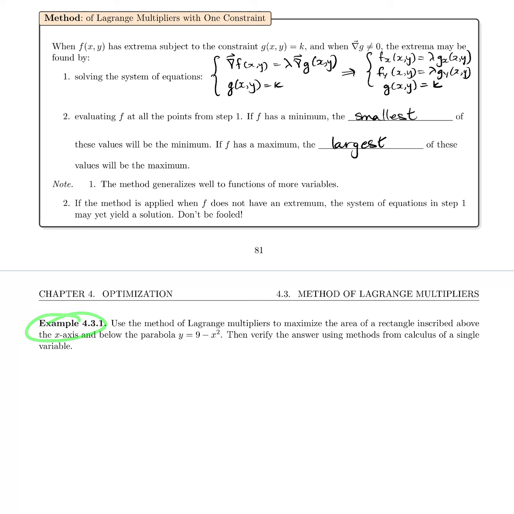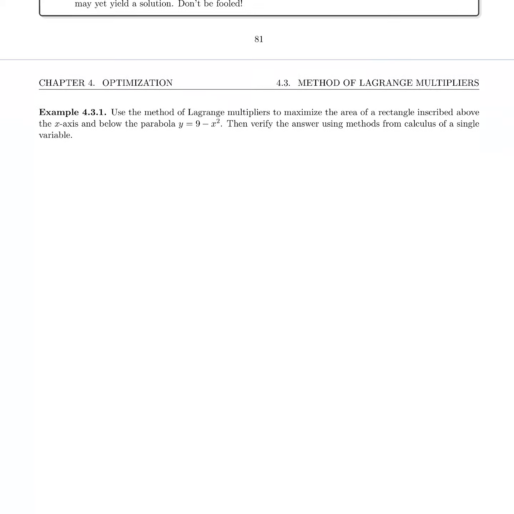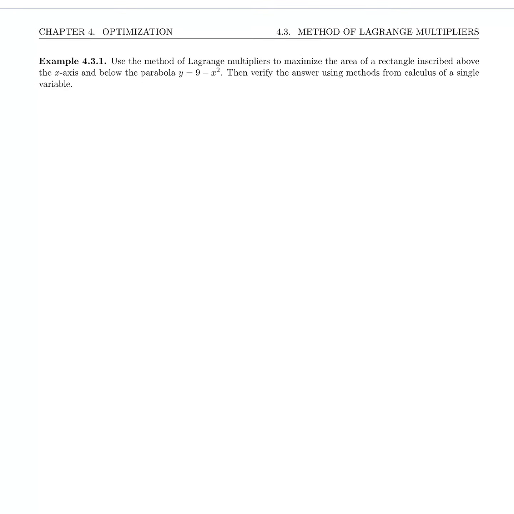Example 4.3.1. We're going to use the method of Lagrange multipliers to maximize the area of a rectangle inscribed above the x-axis and below the parabola y is equal to 9 minus x squared. Then we'll verify that we have the right answer using methods from Calculus 1. So let's draw the situation, and we'll come back and take a look at the method.